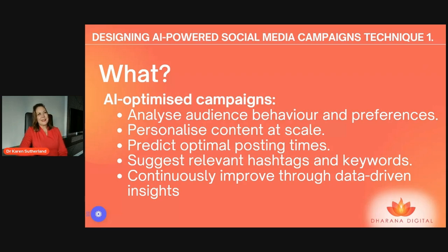And so this can be anything from personalizing emails, which I know isn't social media, but you can actually do things now like personalizing videos quite easily on a large scale. There's all different ways that AI is being used to do this.